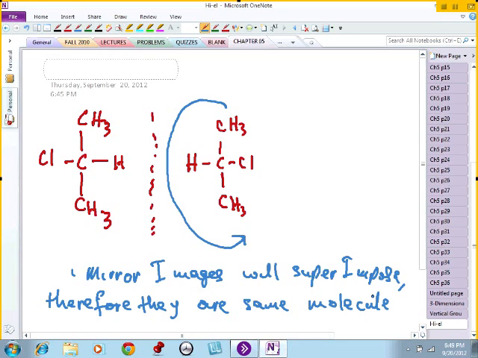Yes? So these two molecules, therefore, we refer to as enantiomers. So what do we call enantiomers? Enantiomers are mirror images that do not superimpose. Yes?